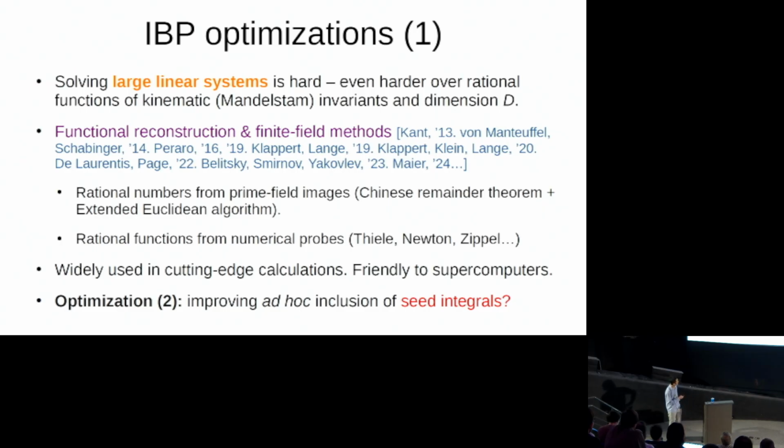And then another optimization people have looked into is how to improve upon this ad hoc inclusion of the seed integrals, which in one of my previous slides was just a simplistic triangle region bounded by the target integral complexity. So there are several physical intuitions that can help with this problem. I don't have time to go into them, so I'll briefly jump through the next few slides.